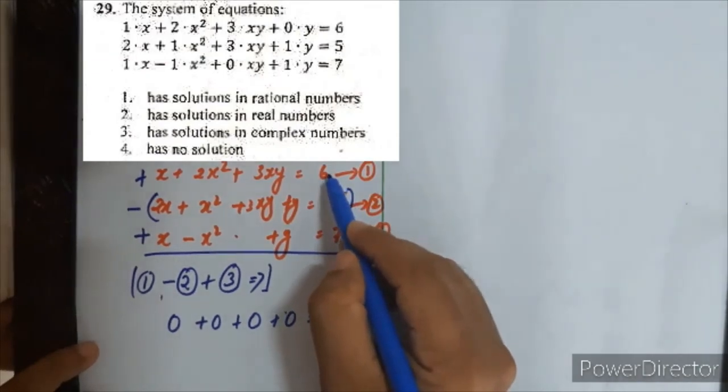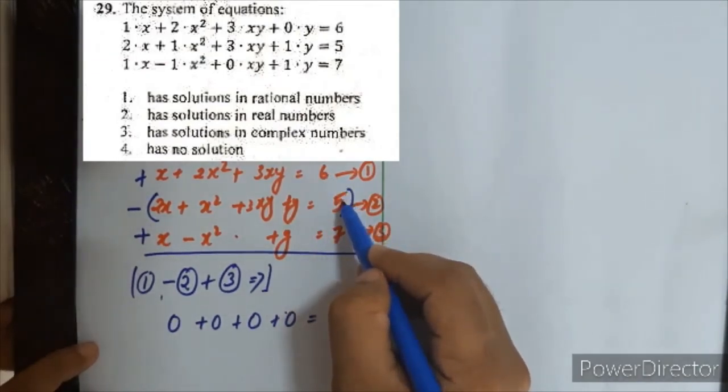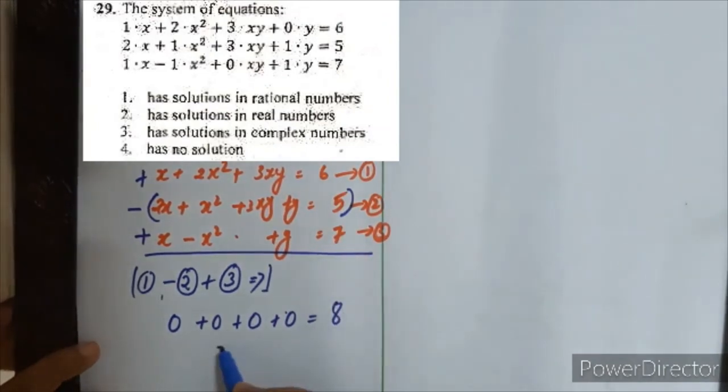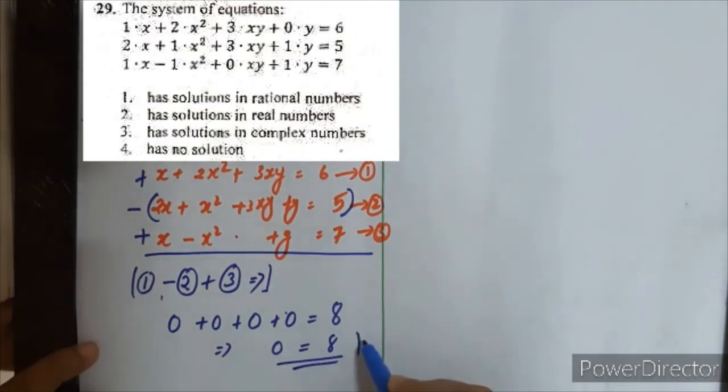This is equal to 6 minus 5 plus 1 plus 7, which is 8. So I get 0 equal to 8, which is absurd.